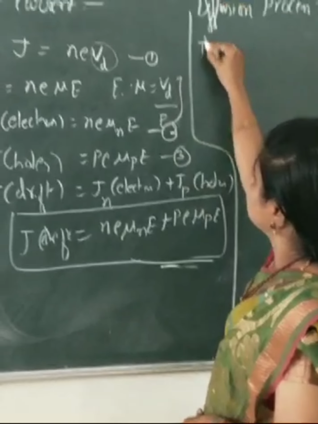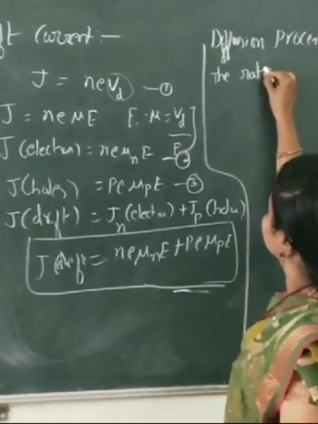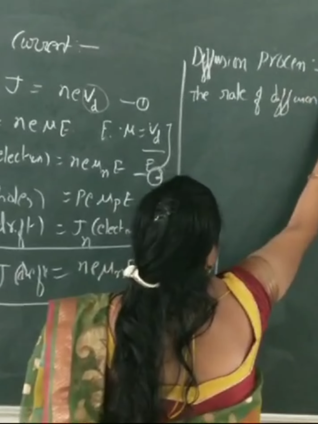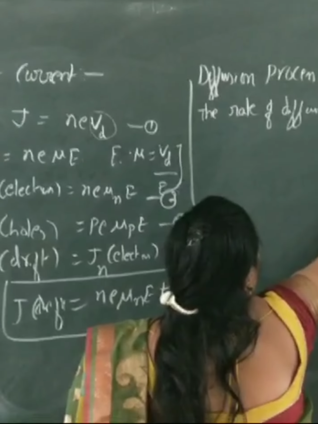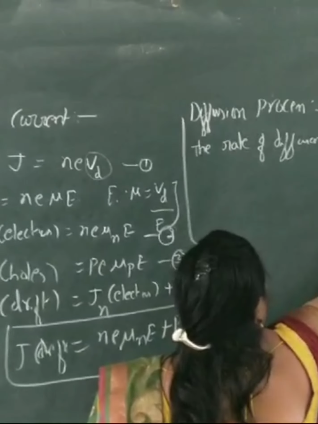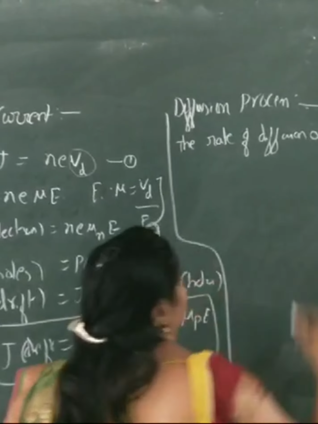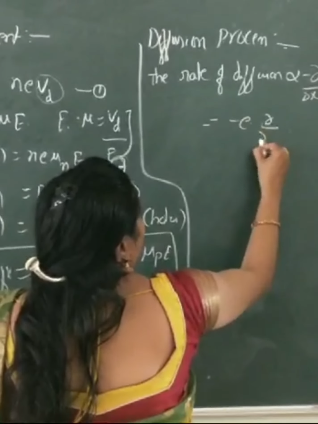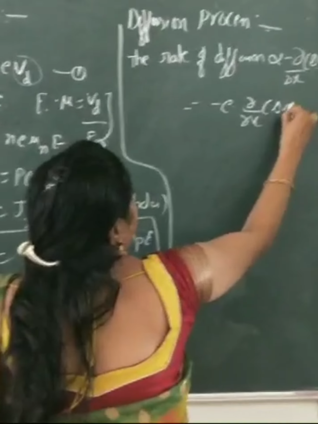The rate of diffusion is directly proportional to del by del x of delta n, which equals minus e into del by del x of delta n.